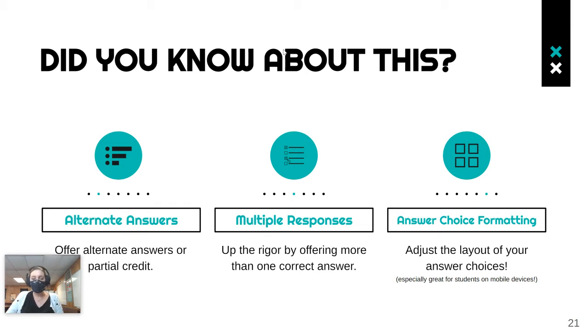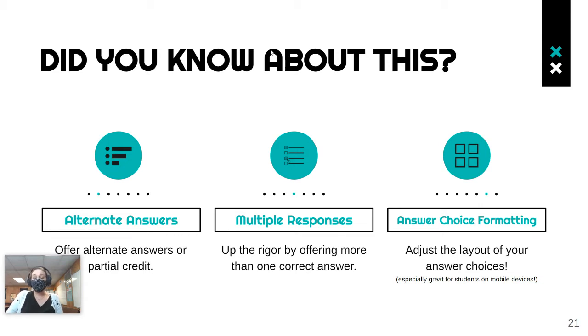But did you know that with Schoology assessments, you can offer students partial credit for alternate answers? And you can let students do multiple responses. So instead of only selecting one correct answer, they may need to choose from a list.